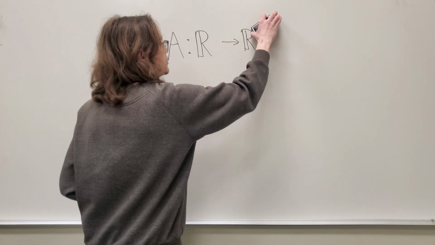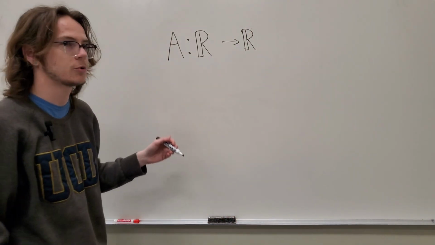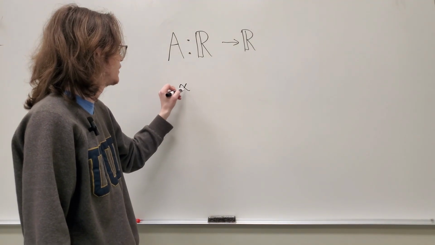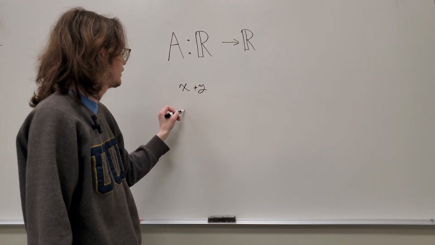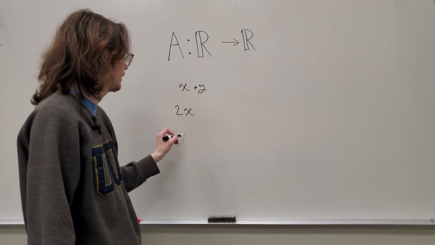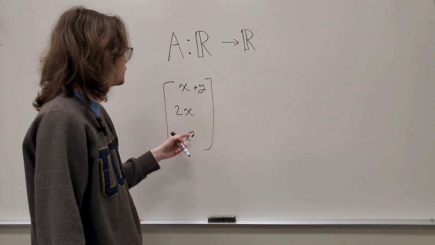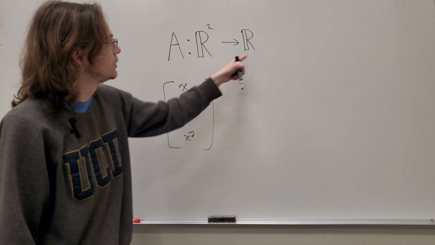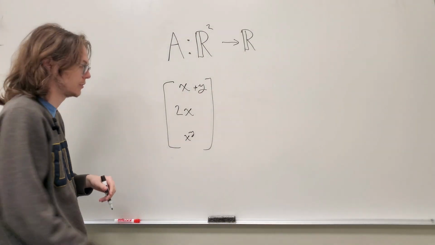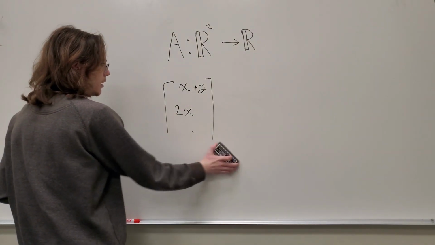But this notation doesn't only work that way. Of course, if you've got something like x plus y, 2x, and x to the y power as your vector, this would be mapping R2 to R3. So in effect, the same thing.